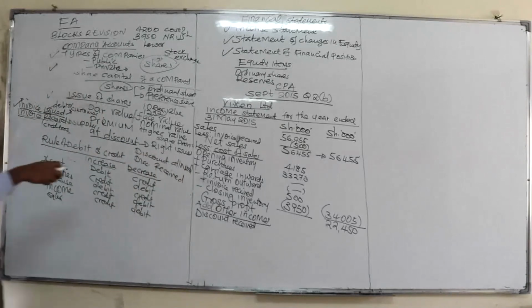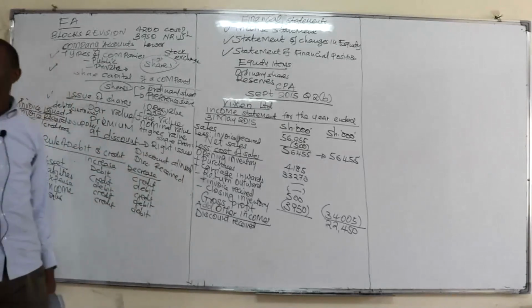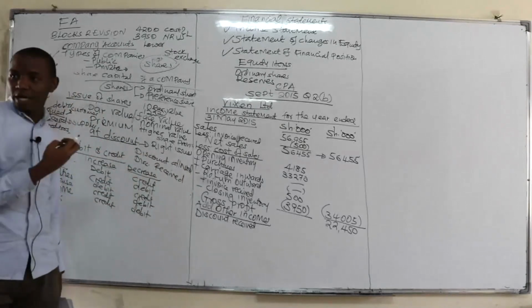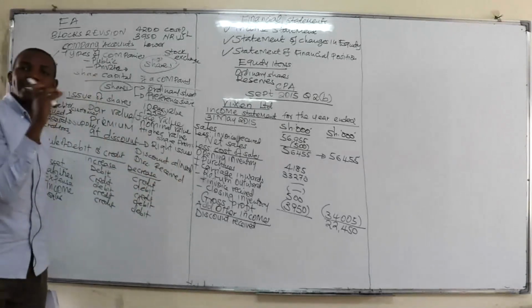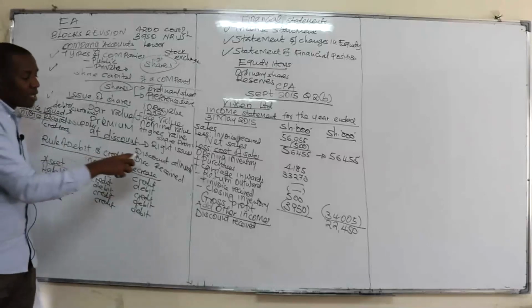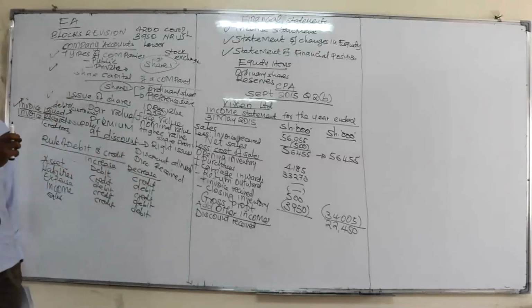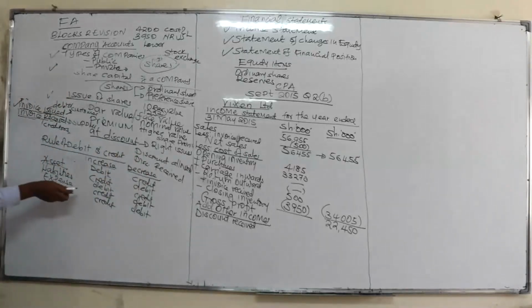So when you allow it to the customer, it means they don't have to pay, so to you it will be an expense, because you have told the customer not to pay that amount. And therefore, when an expense increases, it is supposed to be on the debit. Whatever is going to be on the debit side, that will be discount allowed.